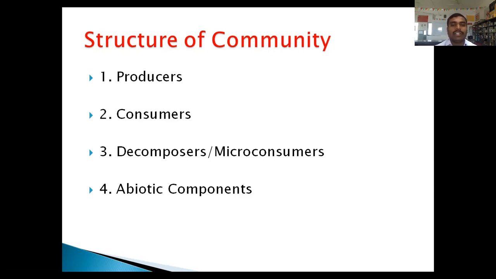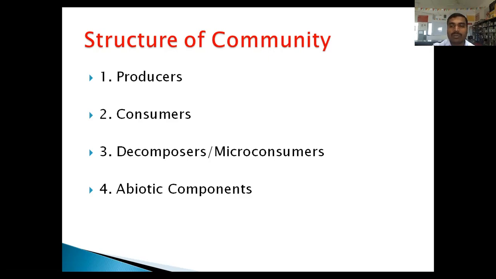When herbivorous animals ingest the plant material, this plant material is broken down into simple substances which are metabolized in the consumer's body, and the waste products of their metabolism are released into the environment. Hence, the consumers may be of two or three types.